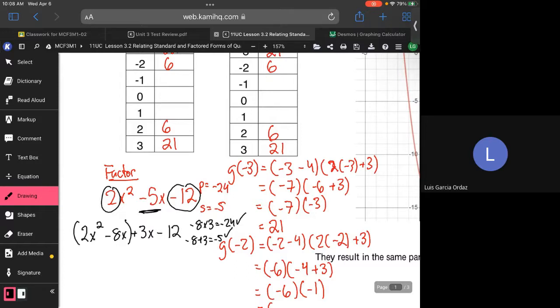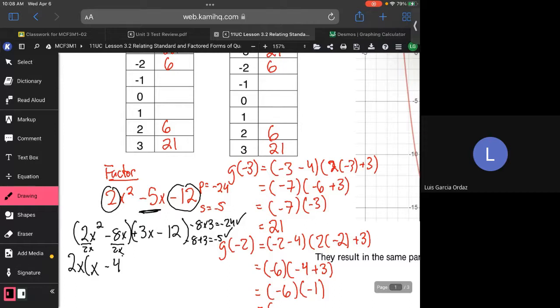Yep. And then the common factor between 3 and 12. Perfect. So what's the common factor between 2x squared and negative 8x? 2x. Yep, 2x, which means I divide everything here by 2x. So what's left over in my bracket? X minus 4. Good job.